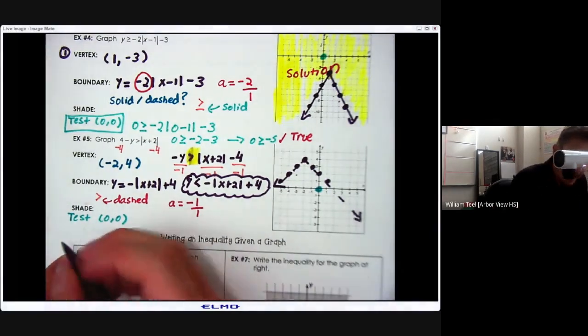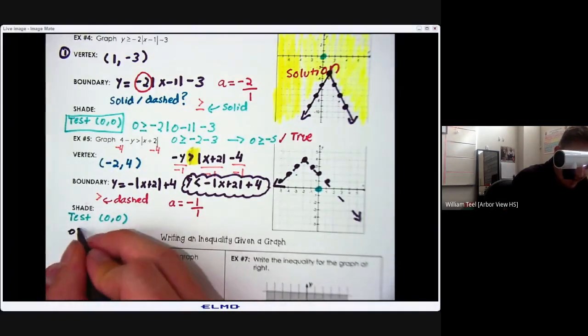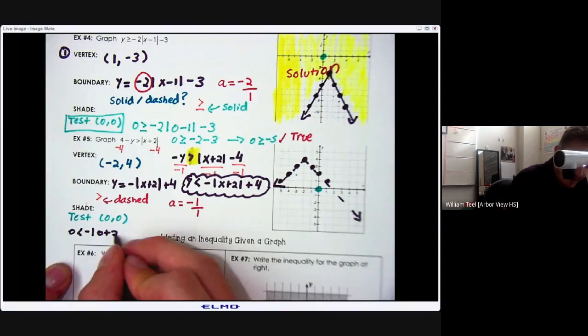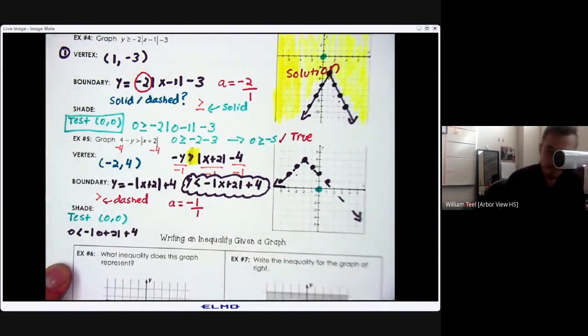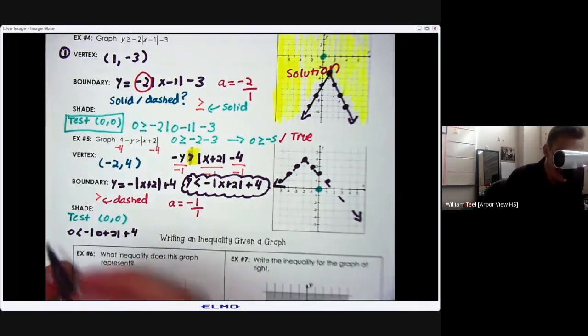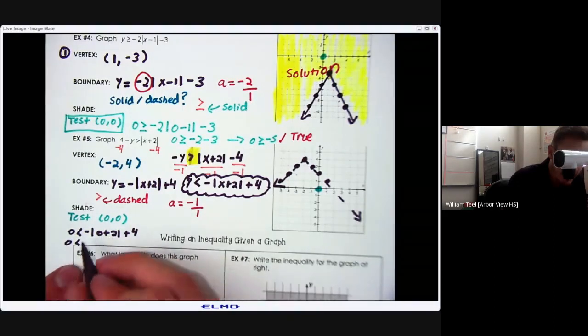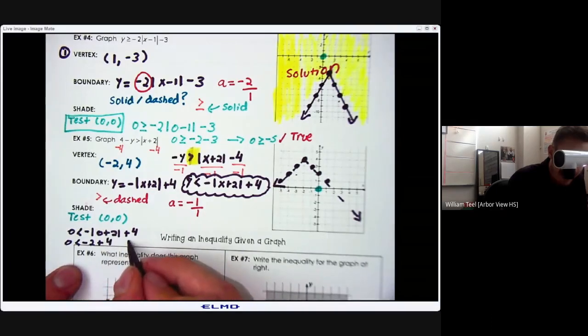So I say 0 is less than negative absolute value of 0 plus 2, plus 4. I'm plugging this into that inequality. Then I have 0 is less than the absolute value of 0 plus 2, which is just 2, negative 2 plus 4. Then I have 0 is less than 2.